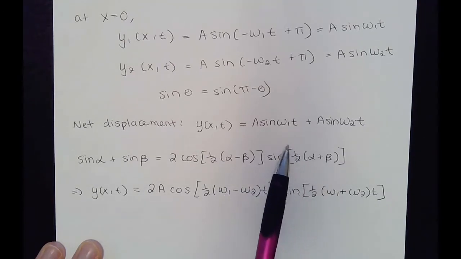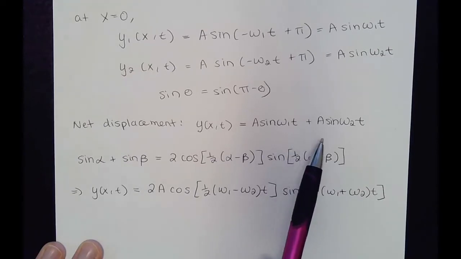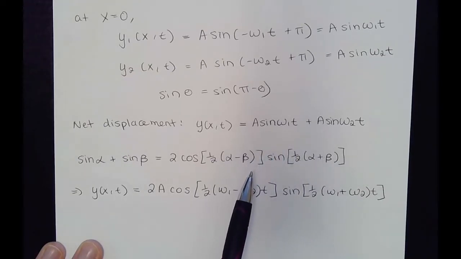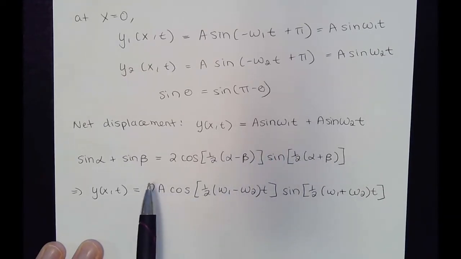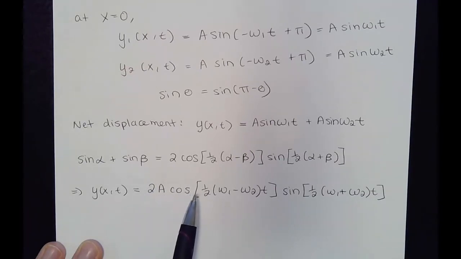And so applying that here, we have omega 1 t and omega 2 t, which are our alpha and beta. So that leaves us with 2A cos of 1/2 (omega 1 minus omega 2) t, and sine of 1/2 (omega 1 plus omega 2) t. And this is the wave function for the resulting displacement that produces the beats pattern.